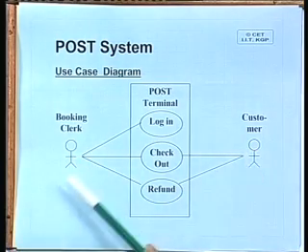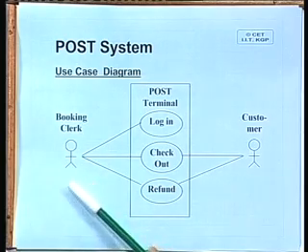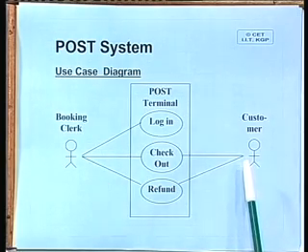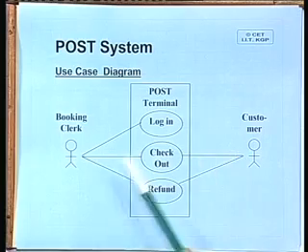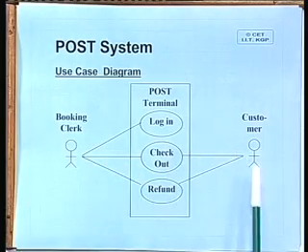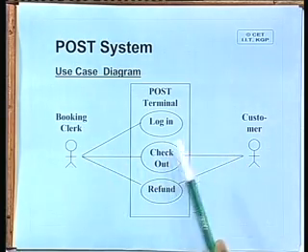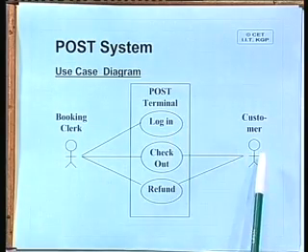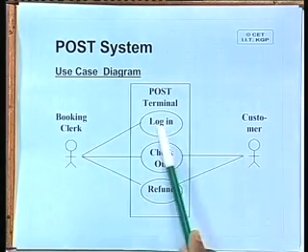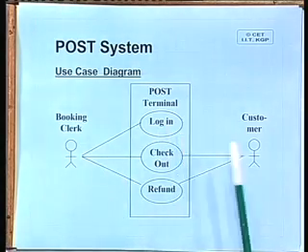The actors are basically the people who are involved in this. They are not entities like the external entities we defined earlier, but they are actually the ones doing the job. And whenever there is a connection, for example, when you are logging in, the customer has nothing to do with it. So it's only the booking clerk who is involved in logging in.